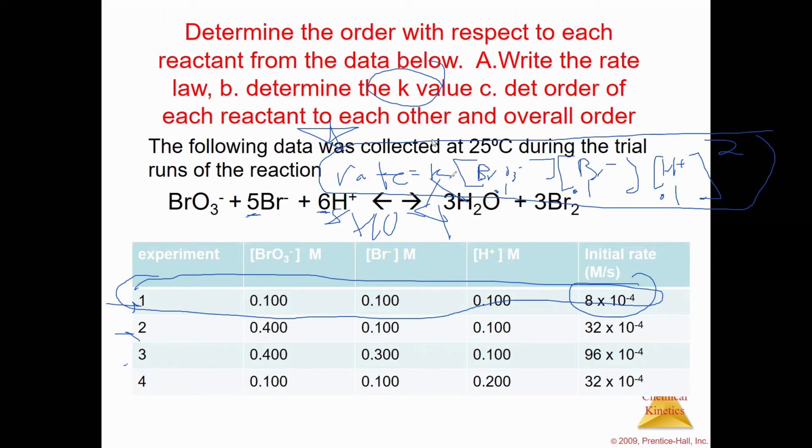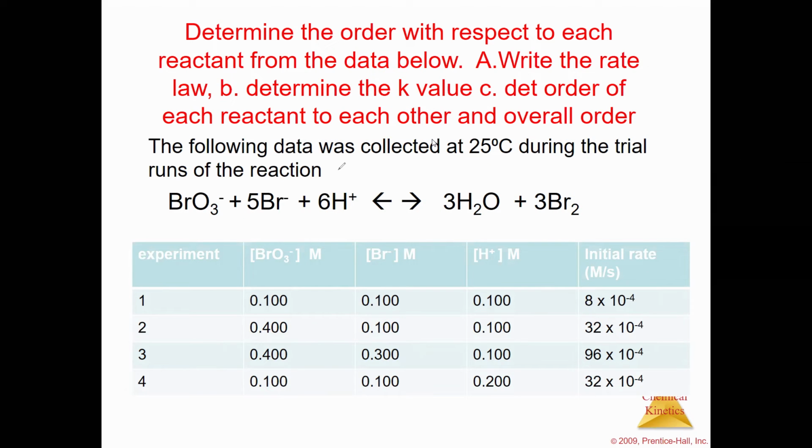The units are going to be really important for k. So 8 times 10 to the negative 4 molarity per second equals x times 0.1, 0.1, 0.1 squared.